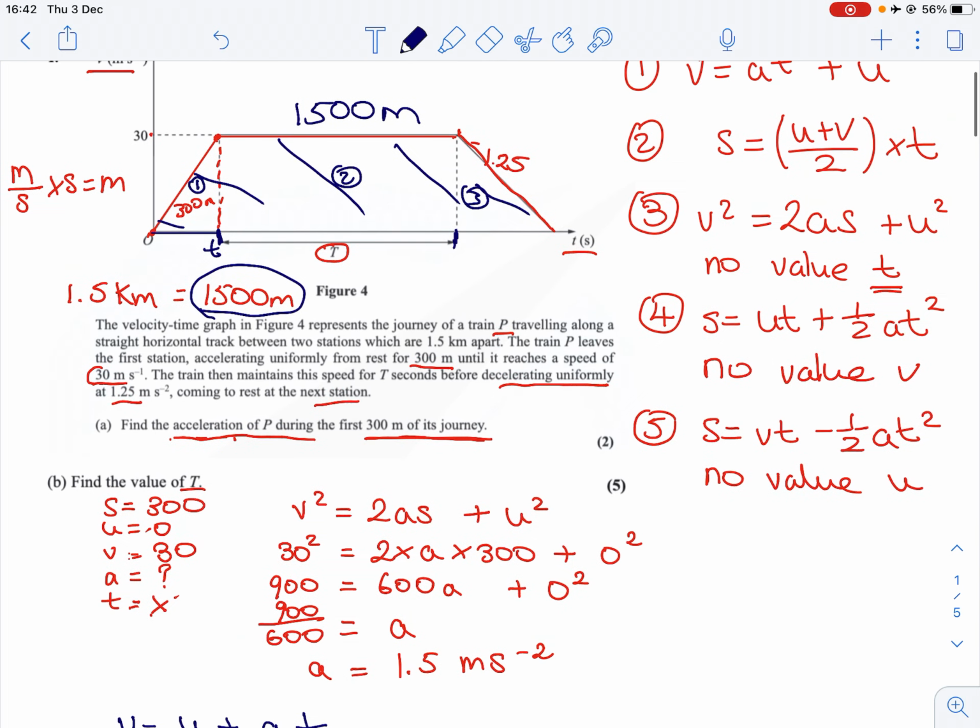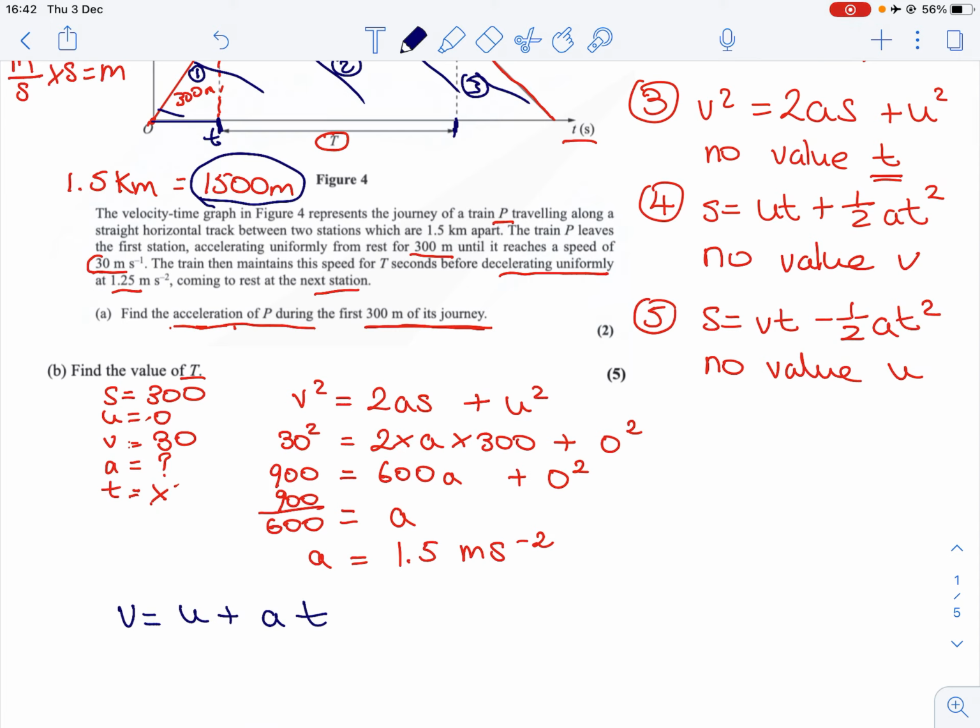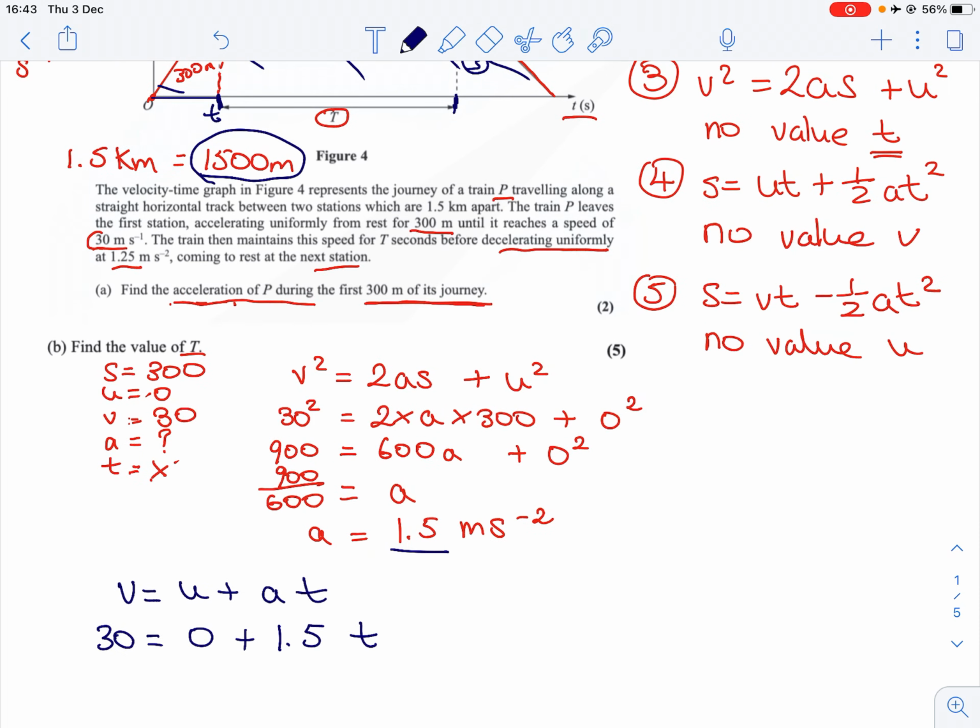We know the final velocity is 30, our initial velocity is 0, and a is what we just found, 1.5. So we can find the time t by rearranging our equation, and we find t equals 20 seconds.